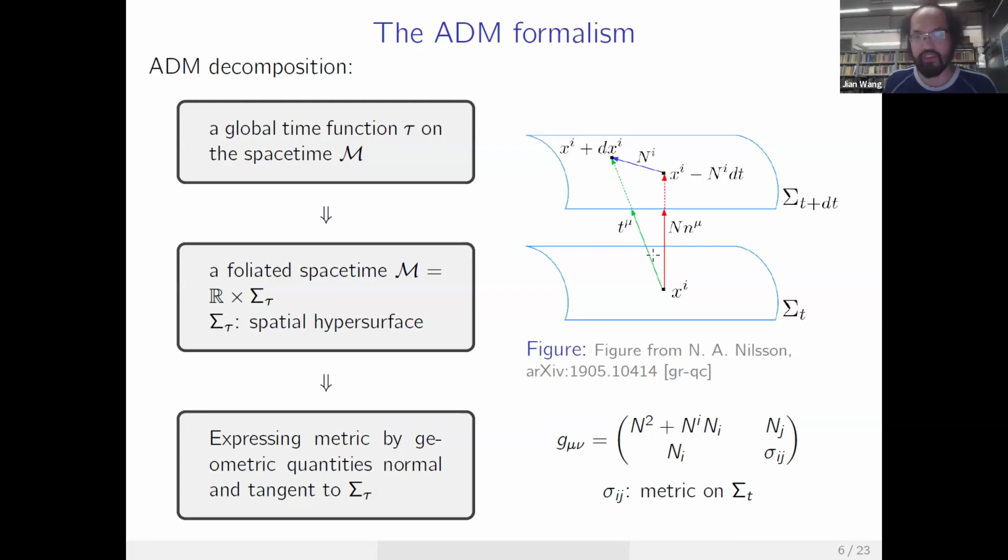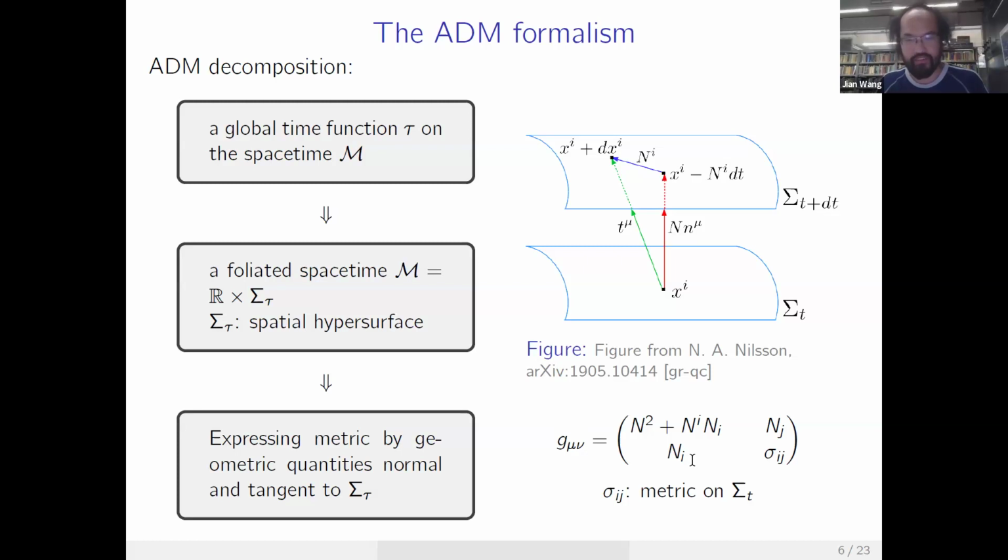For instance, if we have a vector field T^μ, which is given by the red vector, the green vector, then we can write it in terms of the component tangent to the hypersurface and the component normal to the hypersurface. Similarly, we can also do this decomposition for the metric.